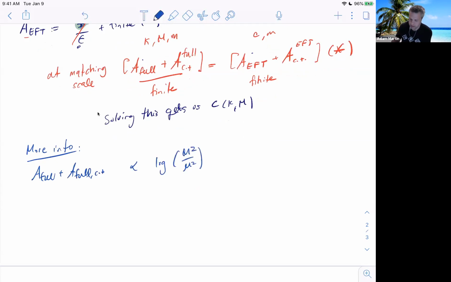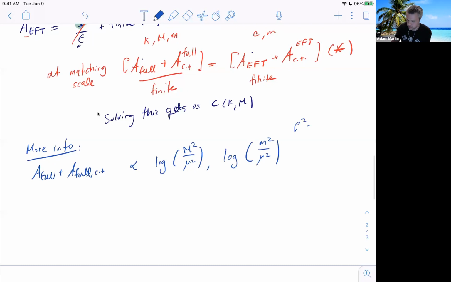Here, mu squared is that matching scale we're carrying out the calculation at. Or it could depend on log m squared over mu squared. All right, got a mass there. In doing this, I'm setting p squared, setting those external momenta so that those guys are on shell there.